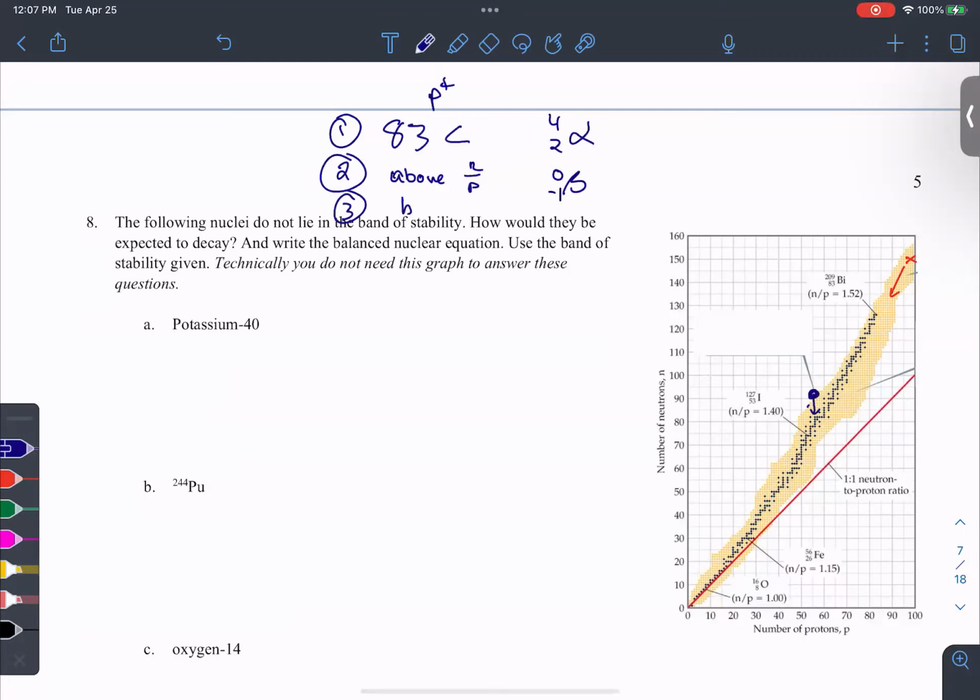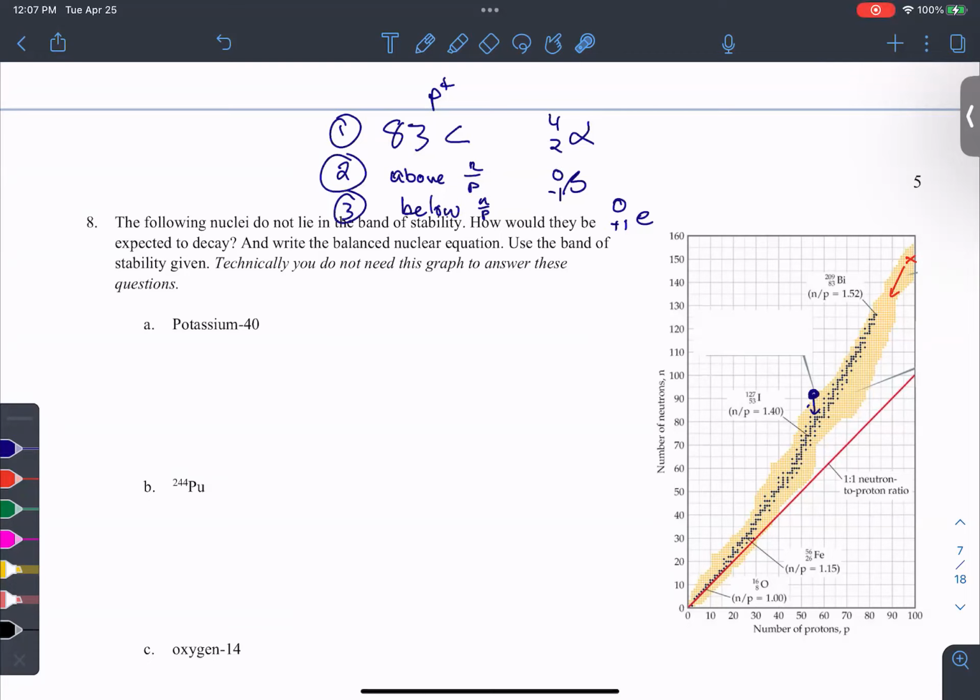And the last one is if you're below your neutron to proton ratio, then you typically will do positron emission, 0 plus 1. And again, because doing so, if you calculate the product, your product has a higher neutron to proton ratio. So all of these questions dictate, can you calculate the neutron to proton ratio and predict what kind of emission you need to become more stable?